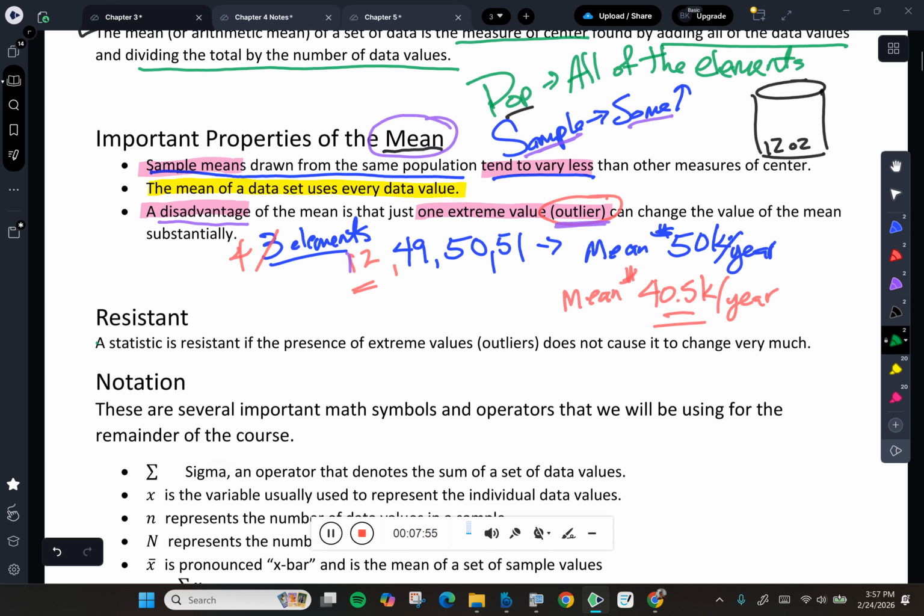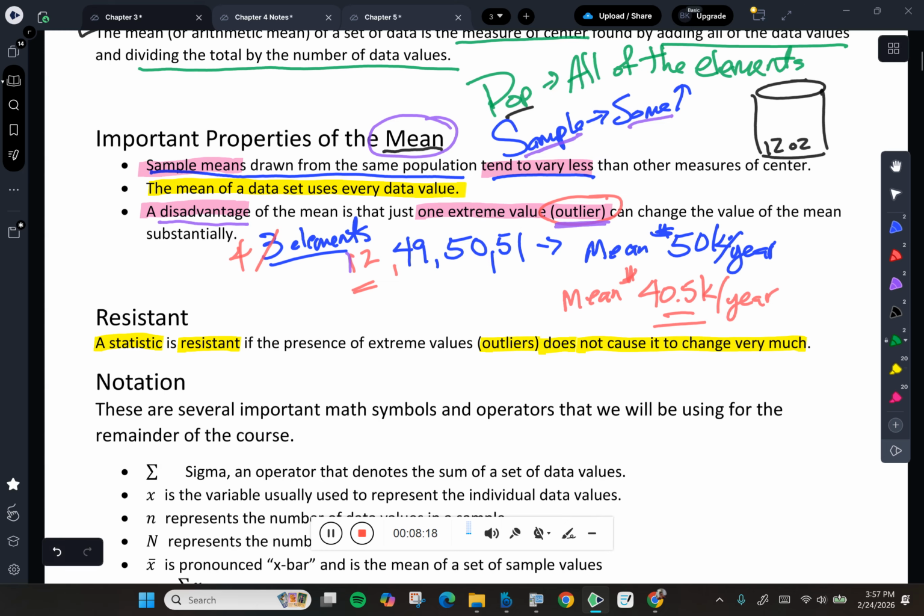A statistic is said to be resistant if outliers don't mess it up, if outliers do not cause it to change very much. If an outlier causes it to change, we say it's not resistant.